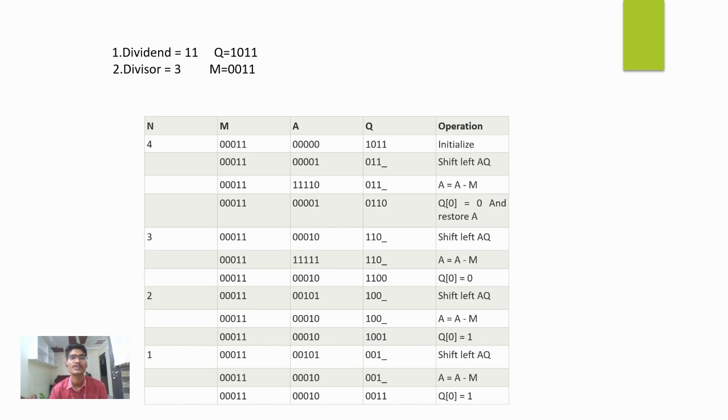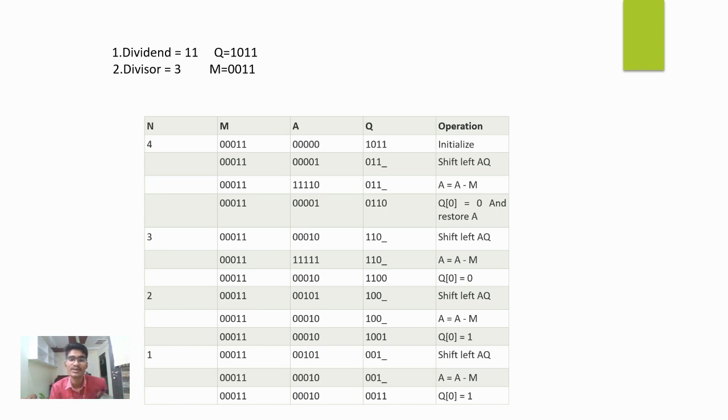Then the value becomes 00010, and as the 0 from Q is shifted to A, the Q becomes 110 and an empty place.